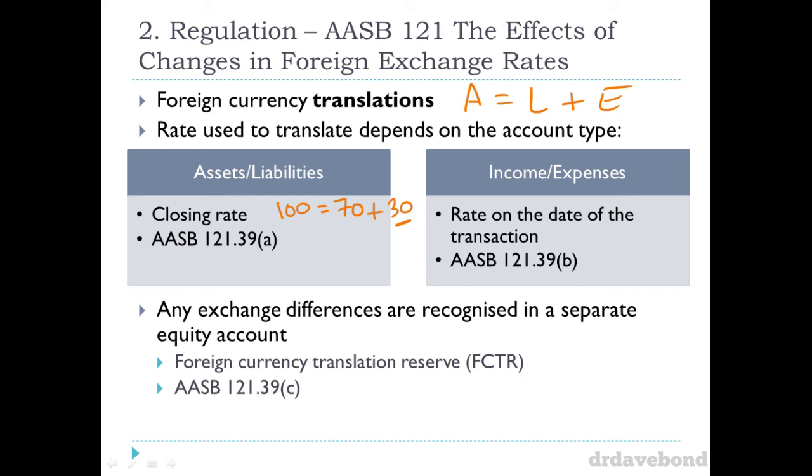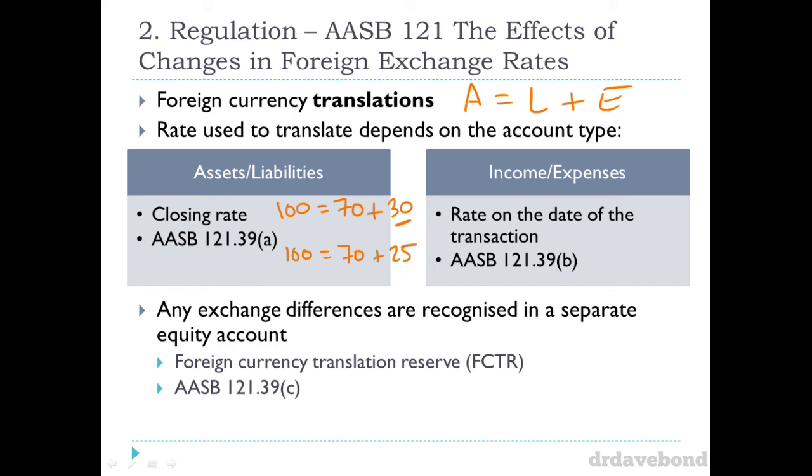But the way in which the constituent parts of equity come about may mean that you don't actually have it on the initial run adding up to 30. So you may have a situation like this where you've got 100 equals 70 and you have 25. And this is the bit people commonly screw up when they come to these sort of questions.